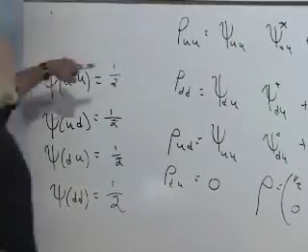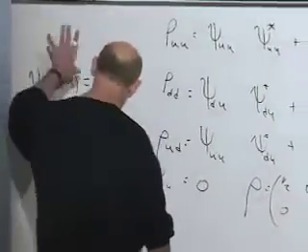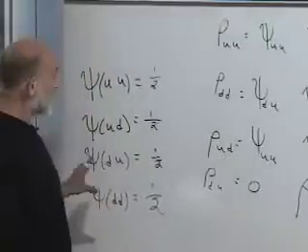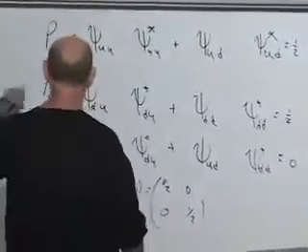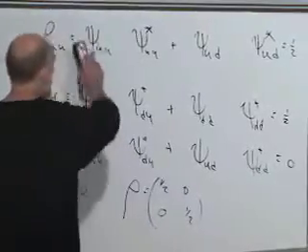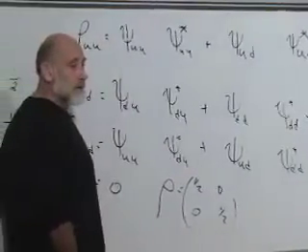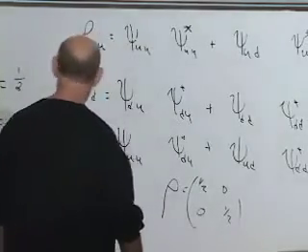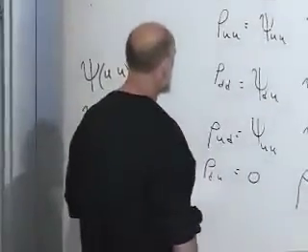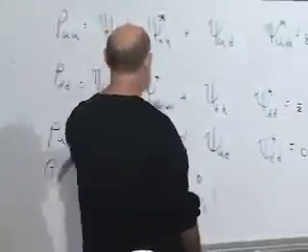Let's recalculate what we would get if we had this situation. This is not the singlet state. All right, so now what do we have? We have up equals 1/2. So this is a quarter, right? And this is also a quarter.